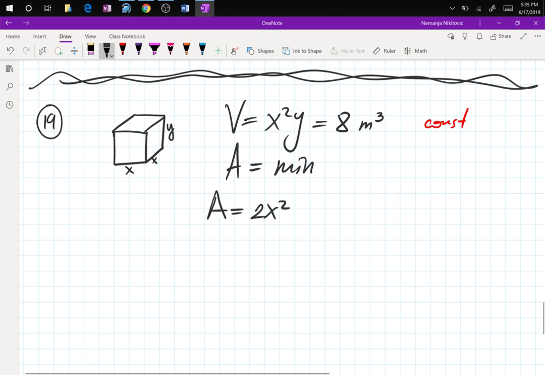Plus 4xy, that's what you said, right? So each one of the walls is x times y. So you have 4 walls, x times y. You have the floor, x times x. You have a ceiling, x times x. And this is supposed to be minimum, and this is your objective.